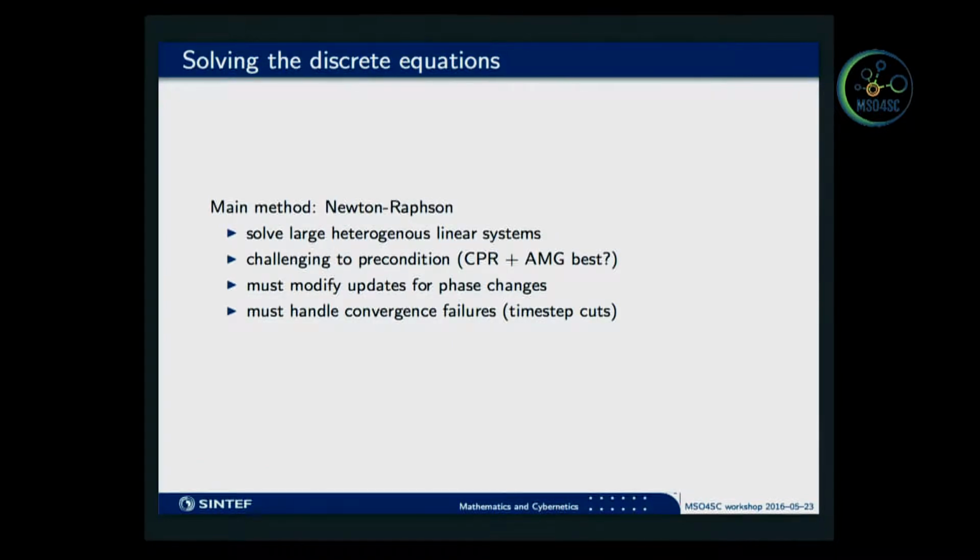When a cell goes from containing no gas to containing gas, you have to be careful not to overstep too much and get into an oscillatory regime where it switches between gas, no gas, gas, no gas, with no end in sight. And you will have convergence failures, so you need to handle that somehow, and the usual way is to cut the time step until it converges. That happens fairly often.